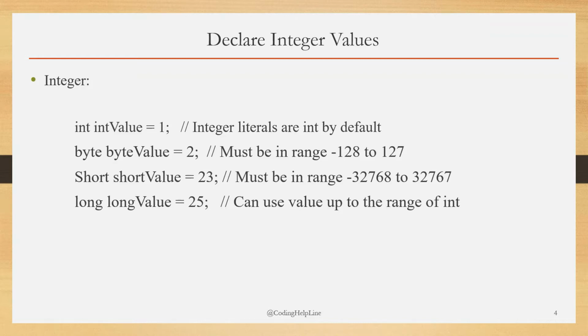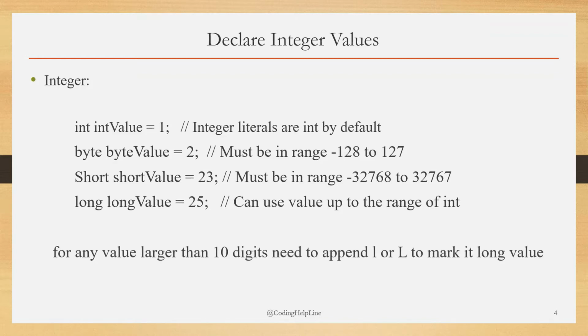Integer int itself can hold up to 10 digits of a value, and this can hold up to 18 digits value. For any value larger than 10 digits, need to append L in lowercase or L in uppercase to mark it as a long value. Otherwise, there will be a compiler or syntax error.